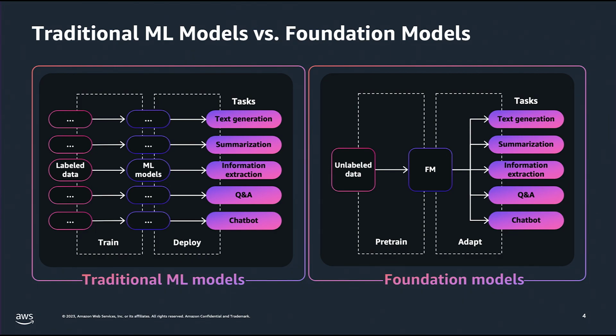The nature and the general purpose of foundation models make them different from traditional machine learning models, which typically perform specific tasks. With traditional machine learning models, in order to achieve each specific task, developers need to gather labeled data, train, and deploy that model.